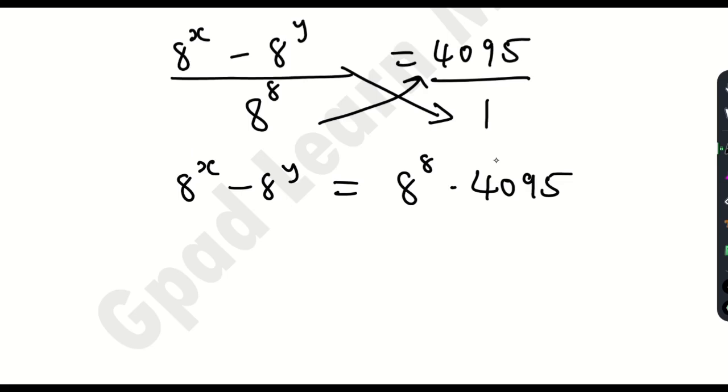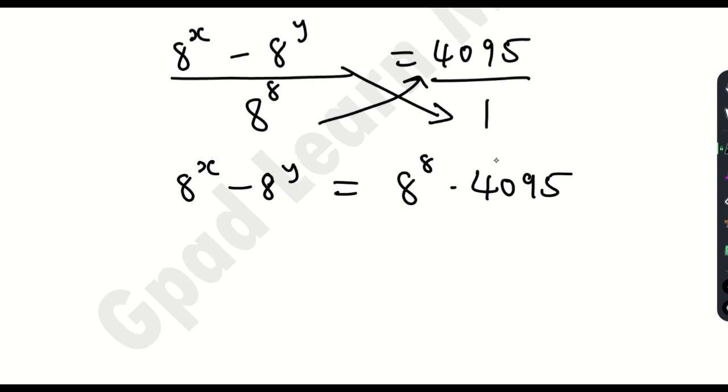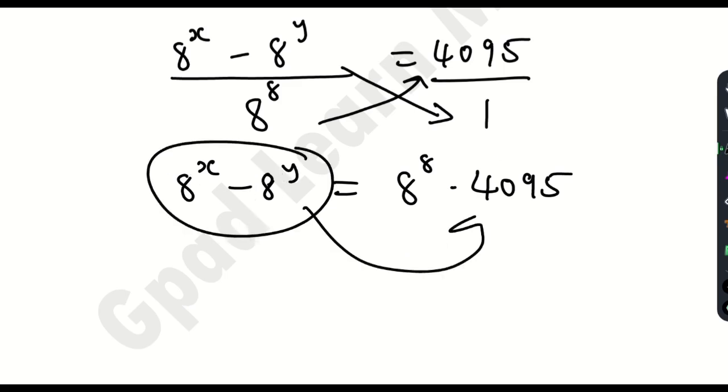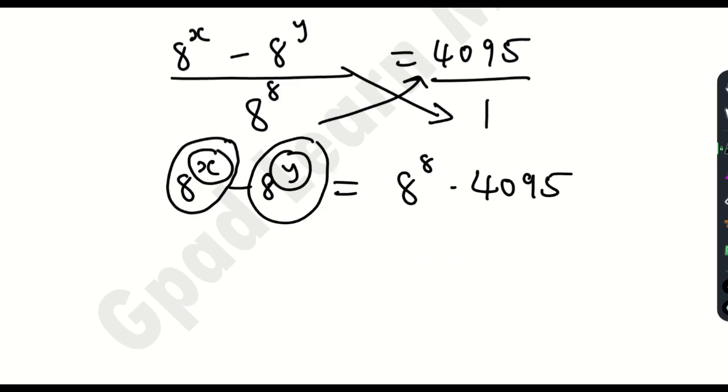Now, it therefore means that x has to be greater than y for this to return a positive number on the right-hand side. Why did I say that? Because they have a common base, 8 here and 8 here. So for this to return a positive number, the exponent x here has to be greater than y, because 8 raised to the power x must be greater than 8 raised to the power y.